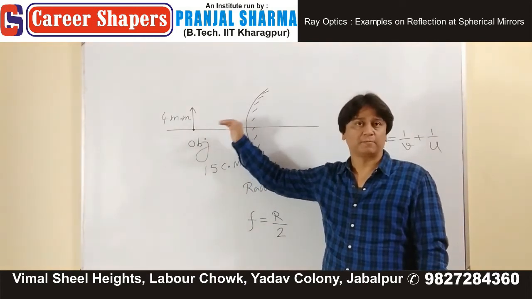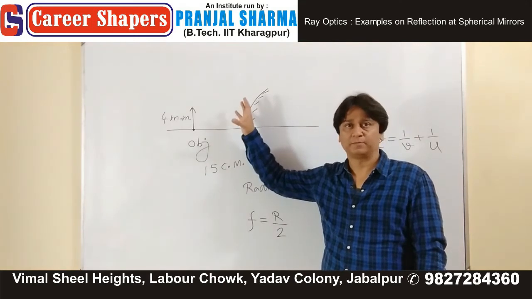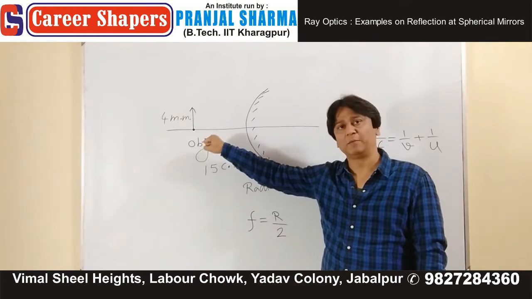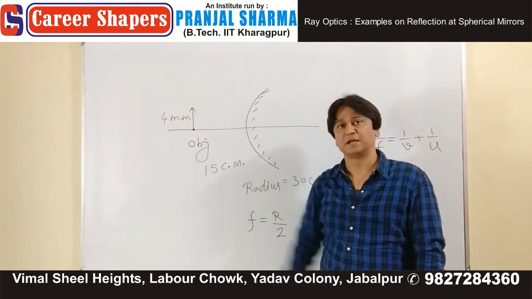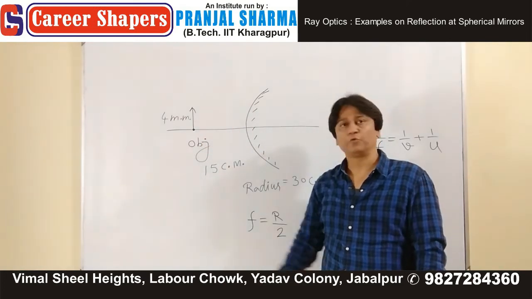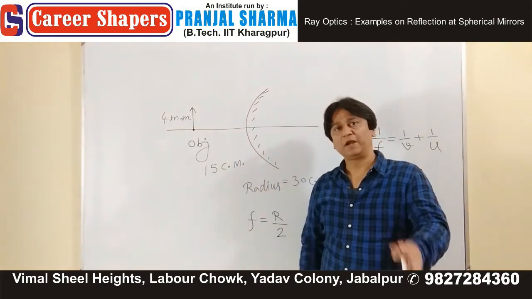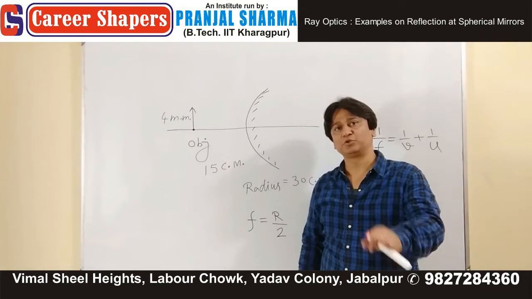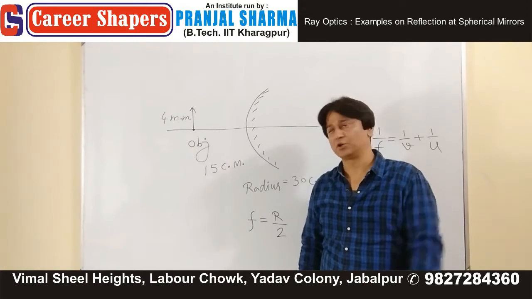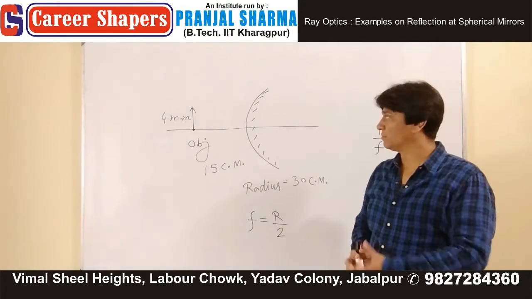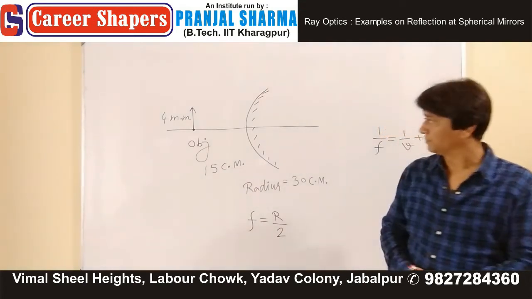It is an enlarged image, increased size, or diminished image, reduced in size. So find out everything about the image: real, virtual, size, position, and orientation. Note down this, should not take more than 40-50 seconds.